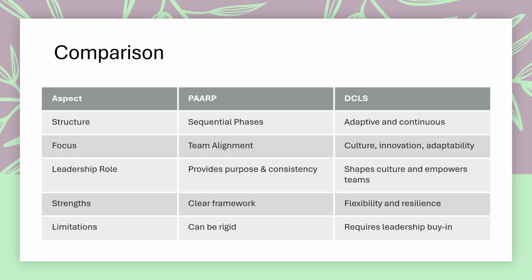Looking at the two models side by side, there are things that they share. Both PARP and DCL recognize that healthcare's success depends on collaboration. In both models, teams collaborate with one another, whether it be in the managed care organization, the care management team, the call center, the provider relations team, or the utilization management teams.